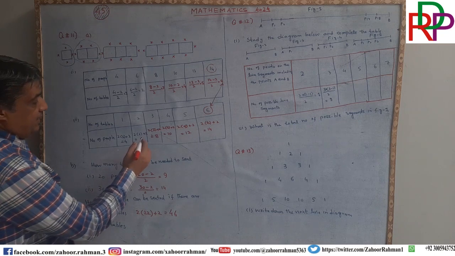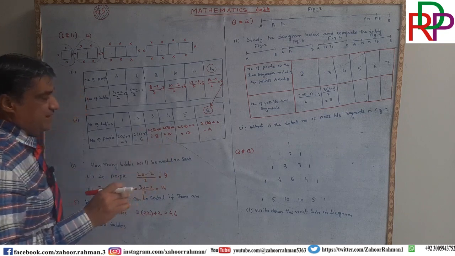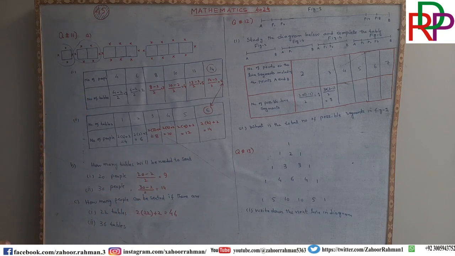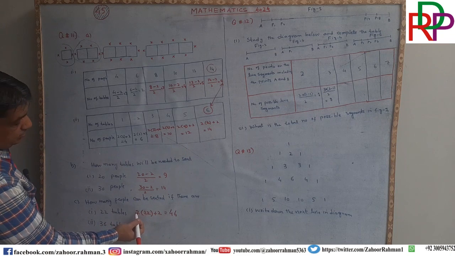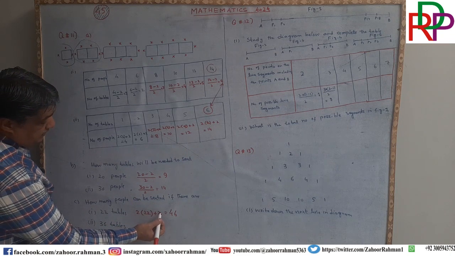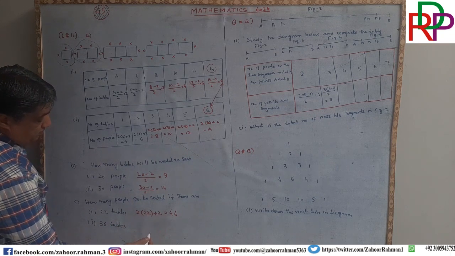But if you are making a general formula, then you have to be consistent. So here you are doing like this. So I wrote 2 into 22 plus 2. This is 44 plus 2.